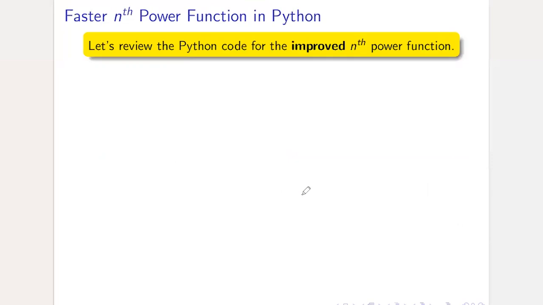So let's look at the Python code for that improved implementation. Mind you, the base case doesn't get changed. The recursive case doesn't get changed. It is only this additional knowledge we have.